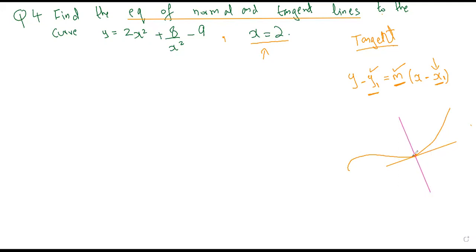Okay. So for any line, what do I need? I need a point. That point would have x coordinate and y coordinate. I'll plug those values here. And what else do I need? I need the gradient. So how am I going to get the gradient of the tangent line?